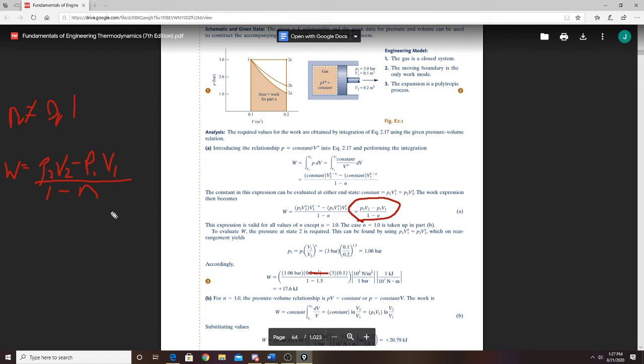I'm going to try this way because explaining it the other way always just confuses people, because this is the derivation. If you want to know more about the derivation, it's right here. Essentially what they did was they replaced pressure in here with the constant over V to the n. When you integrate this, you end up with this. Then the constant can be equal to P times V to the n, and you replace this in here.